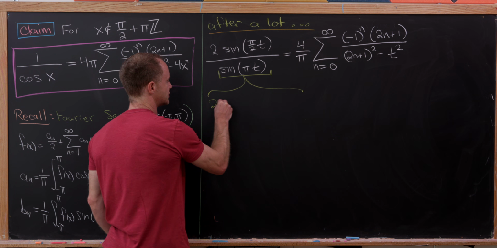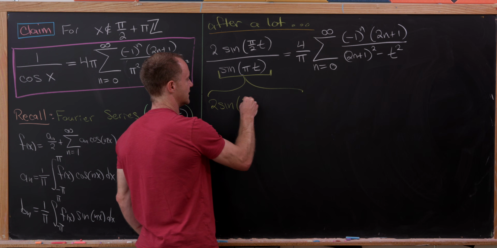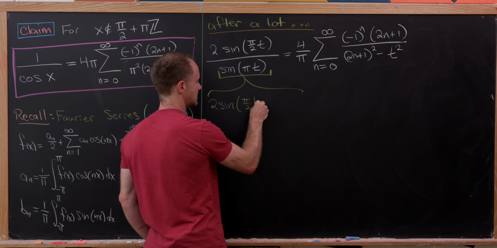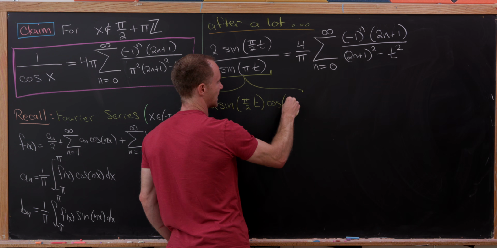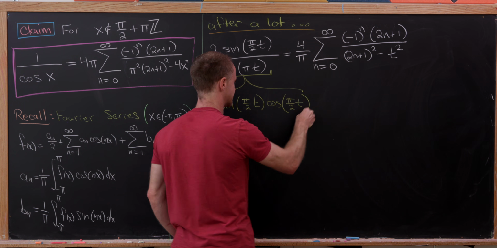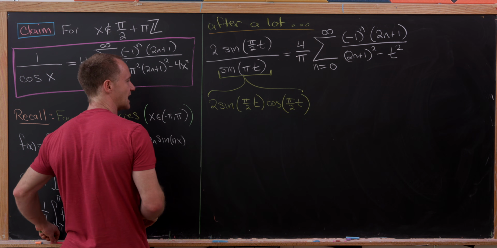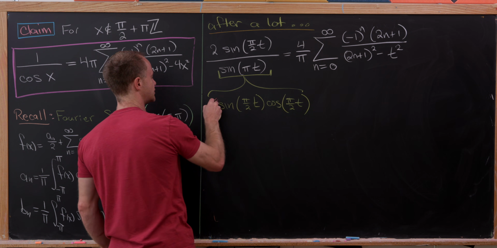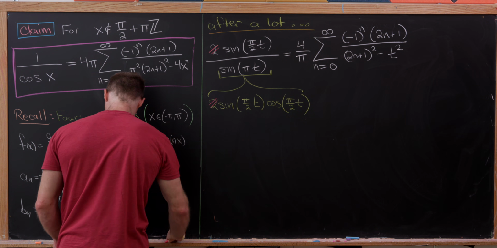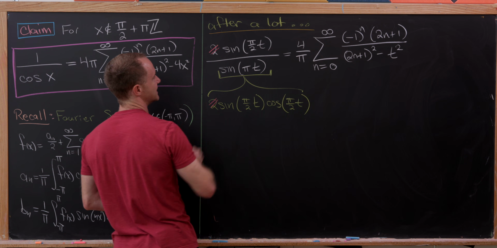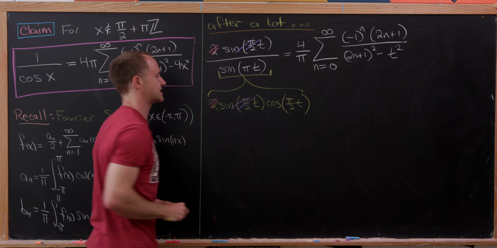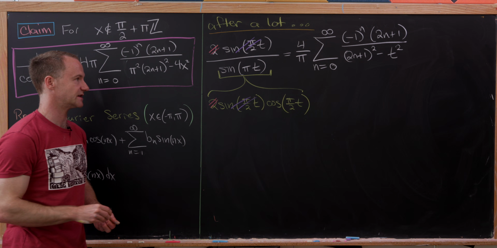So that'll give us 2 times sine of pi over 2 times t times cosine of pi over 2 times t. And that's where you can see everything falling apart. So now this 2 will cancel this 2. And then next up, this sine pi over 2 times t will cancel this sine pi over 2 times t.